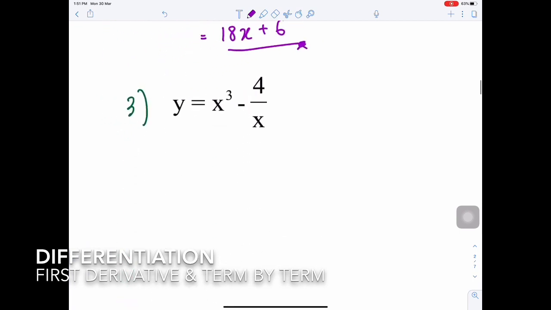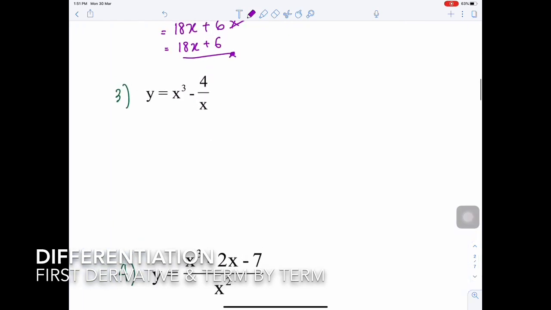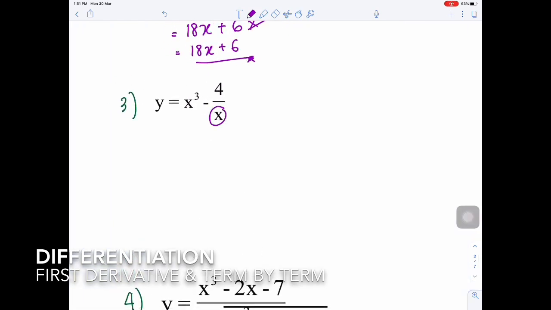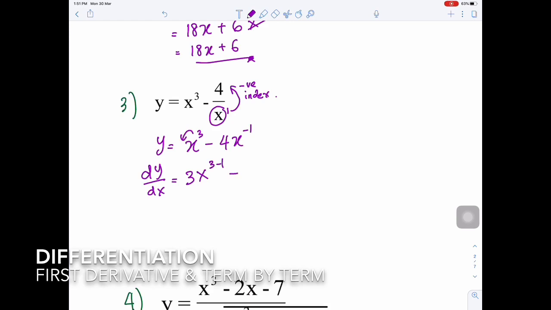Another one, example 3 for term by term. Before you differentiate, make sure to change the power of 1 to a negative index. So y equals x power of 3 minus 4x power of negative 1. And then you differentiate with respect to x, so 3x power of 3 minus 1, minus, bring forward negative 1, 4x remains, so negative 1 minus 1.